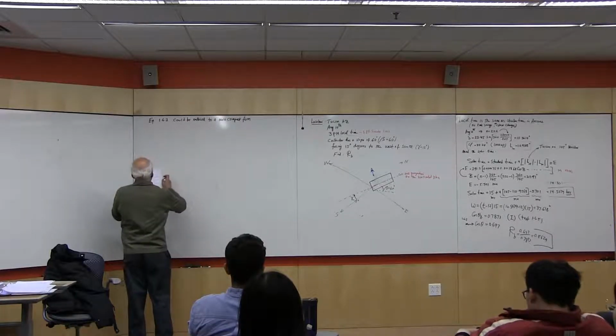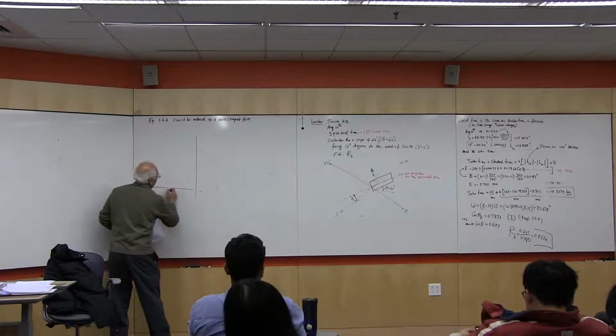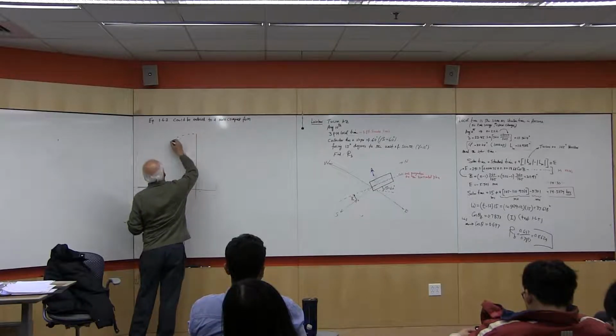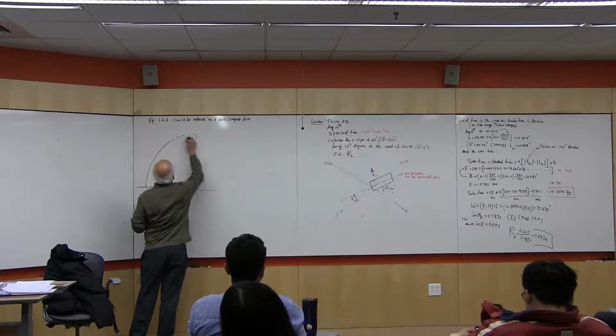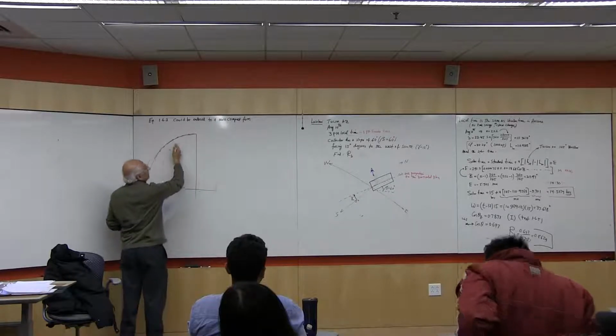What it means is that here, if I look at the location on the Earth's surface, okay, and somewhere here I have it tilted.